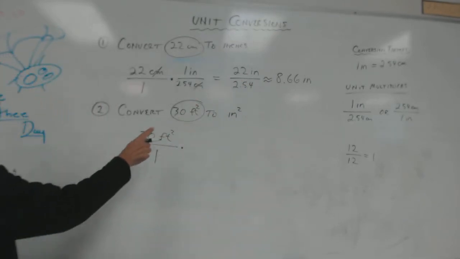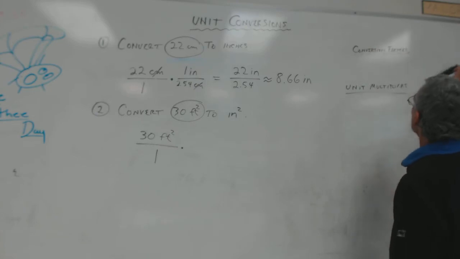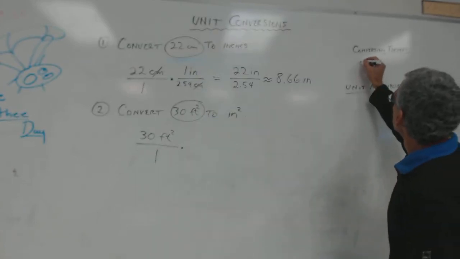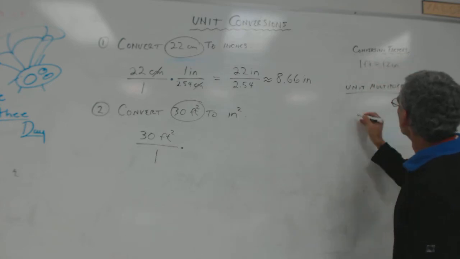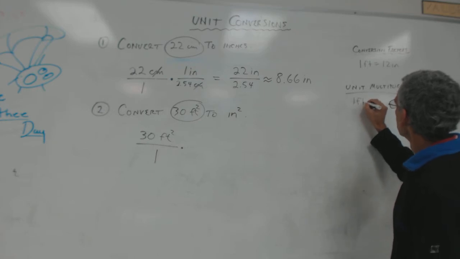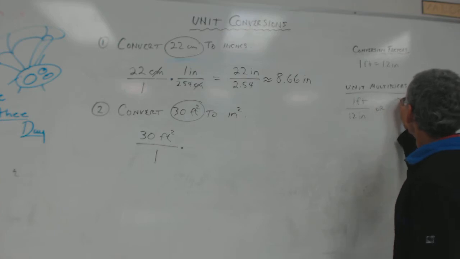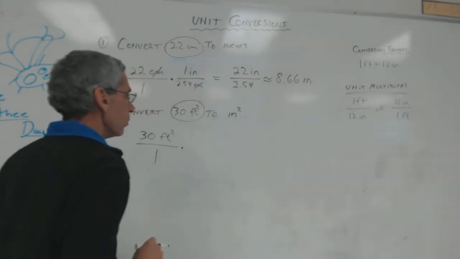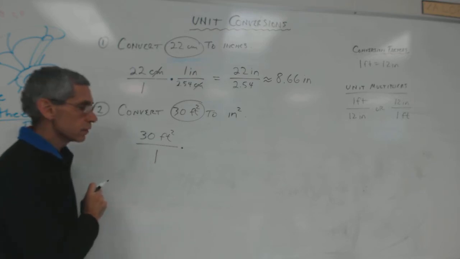My conversion factor is: 1 foot equals 12 inches. So I could either have 1 foot over 12 inches or 12 inches over 1 foot. Which one would get rid of one of my feet? 12 inches over 1 foot.